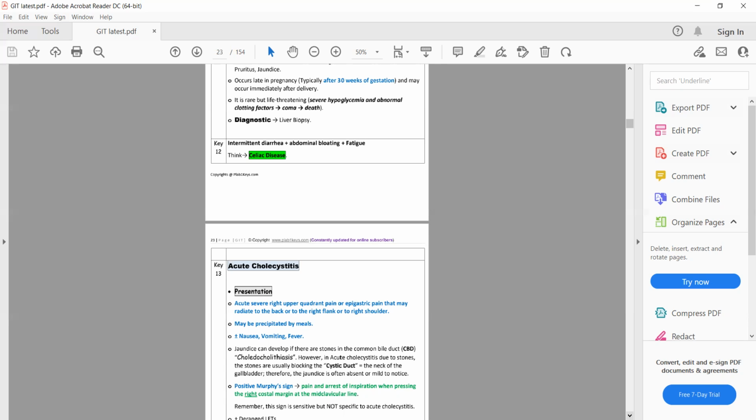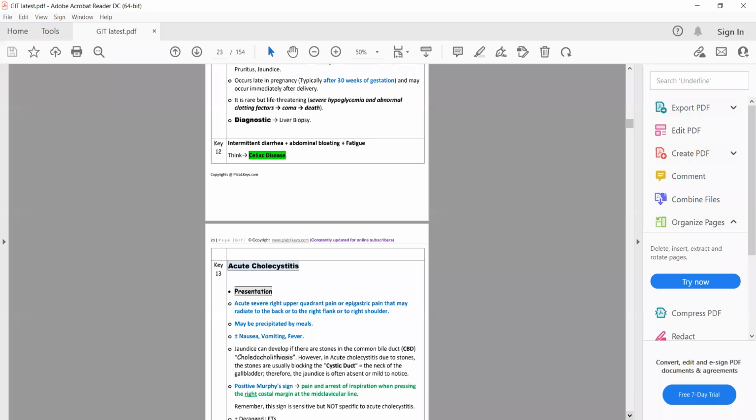What is positive Murphy's sign? When you press in the right upper quadrant in the mid clavicular line, the patient will feel pain or will stop breathing for a moment.